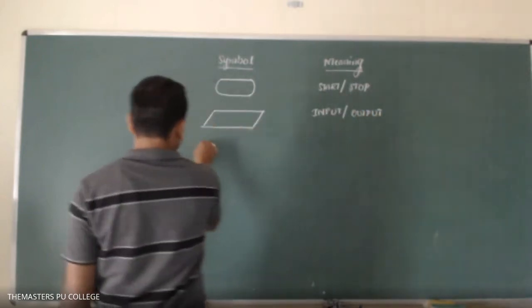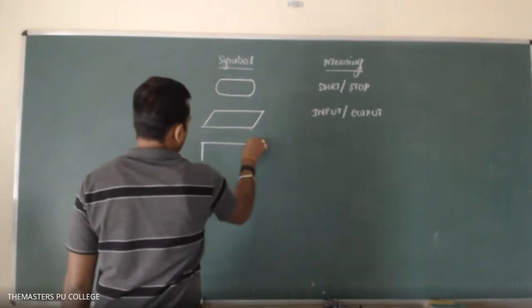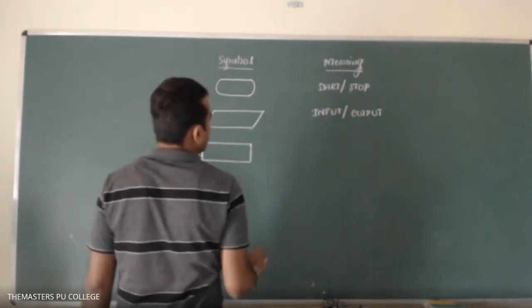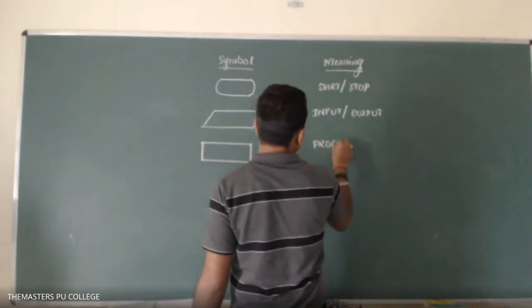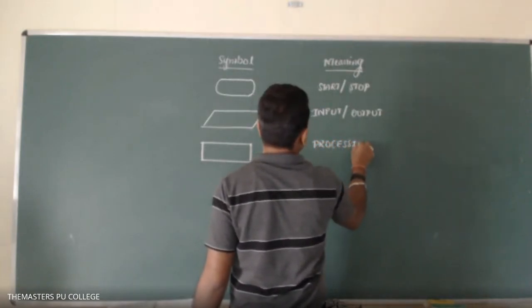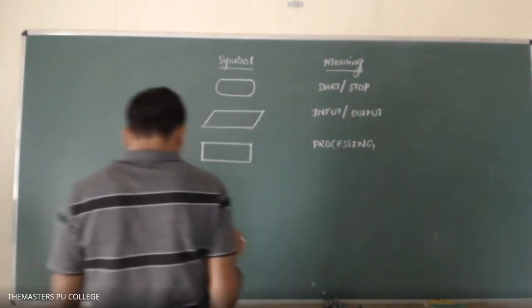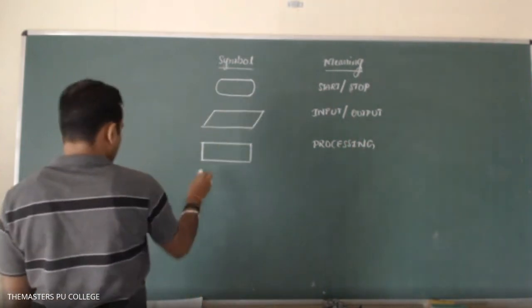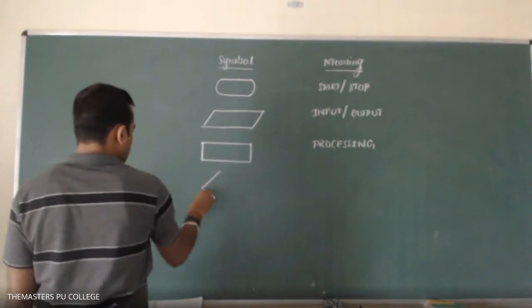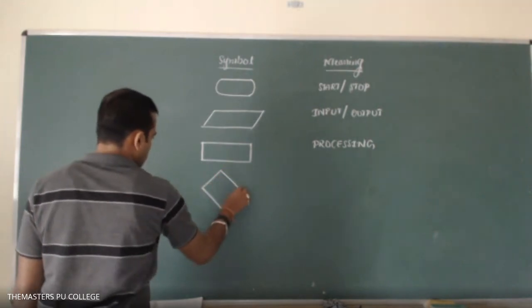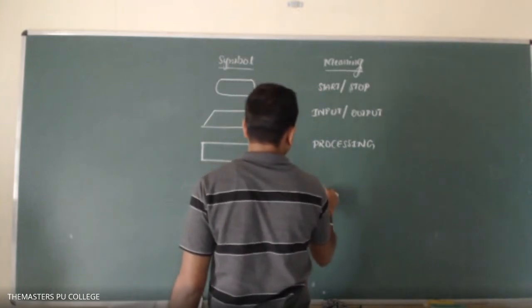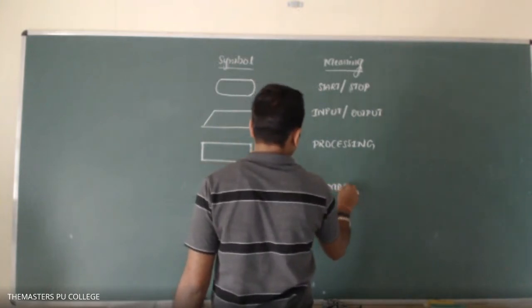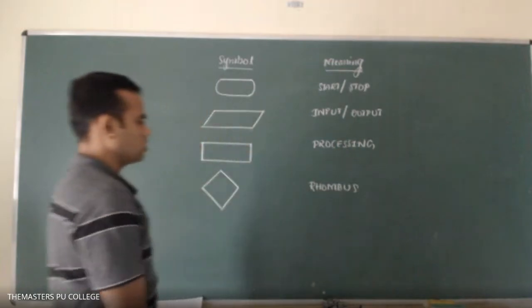Next, rectangle. Rectangle indicates processing. Next, rhombus.